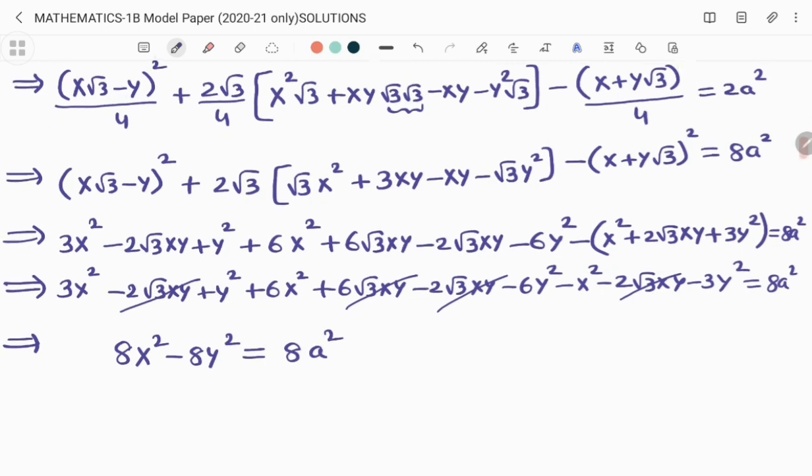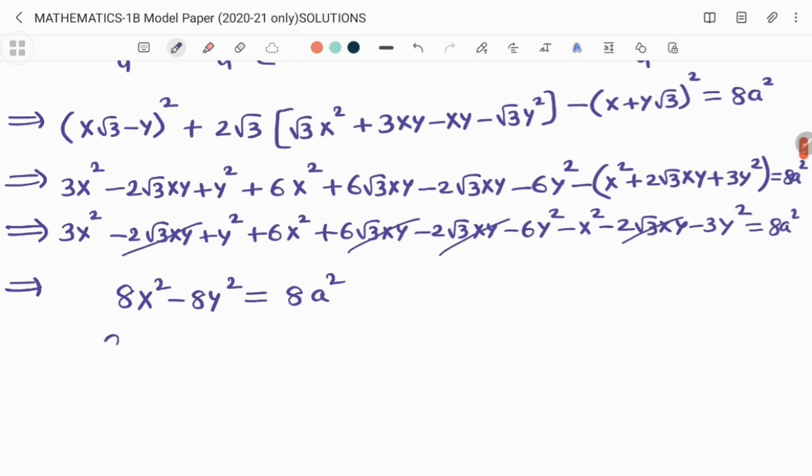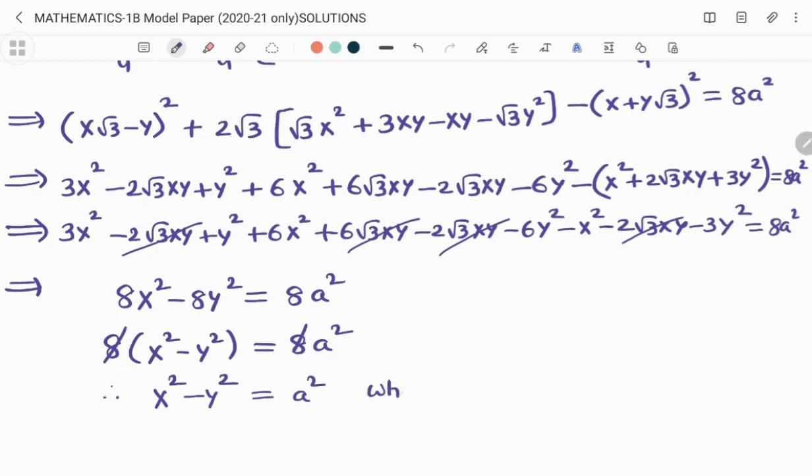So 8 take common from both sides. 8 into (capital X square minus capital Y square) equal to 8a square. 8 gets cancelled. Therefore, capital X square minus capital Y square is equal to a square, which is the required transformed equation to the given curve.